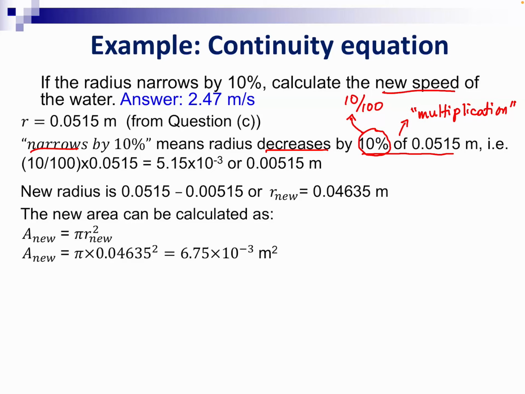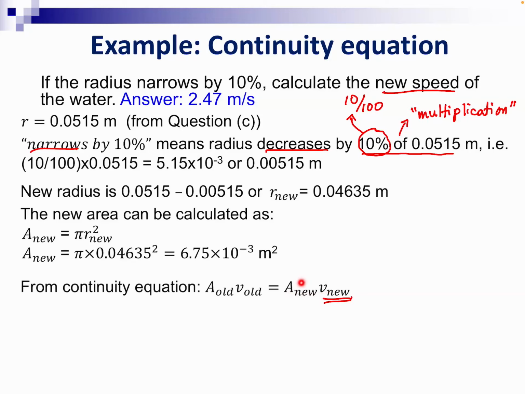So we've learned that in the continuity equation, if the cross-sectional area changes, the speed of flow of the fluid should also change accordingly. So you have there the continuity equation. The flow rate in the old cross-sectional area should be equal to the flow rate in the new cross-sectional area. And we're after the new speed through the new cross-sectional area.